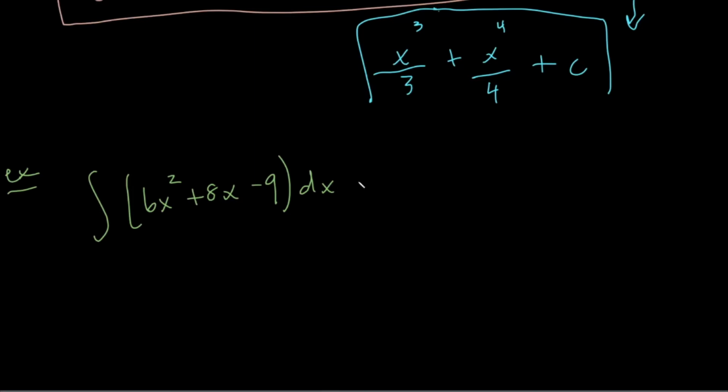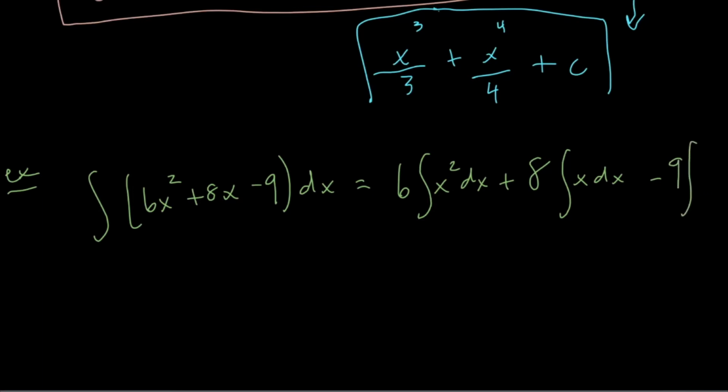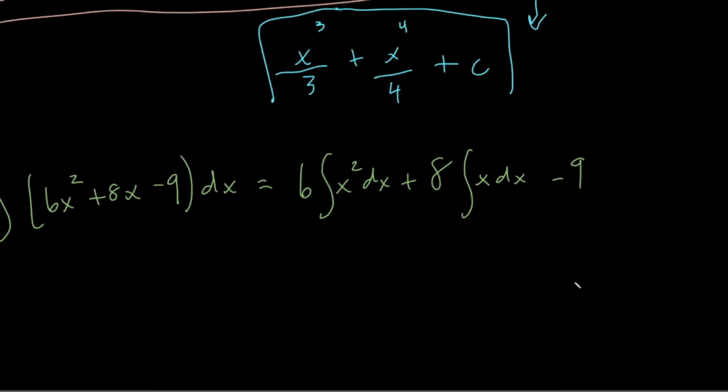So we will rewrite this as 6 integrals of x squared plus 8 integrals or antiderivatives of x minus 9 integrals of 1.